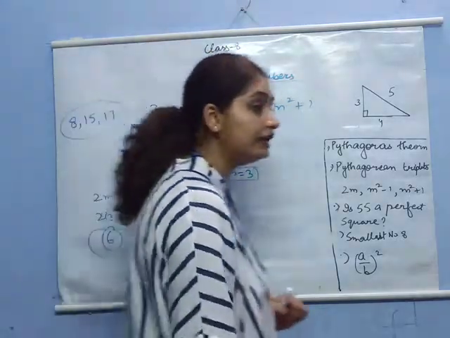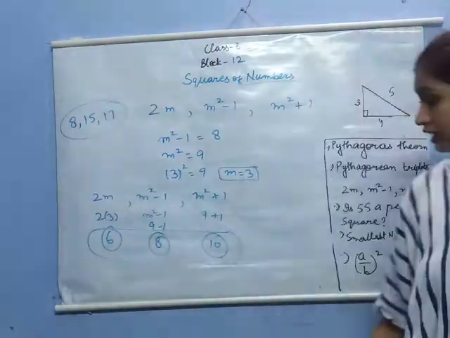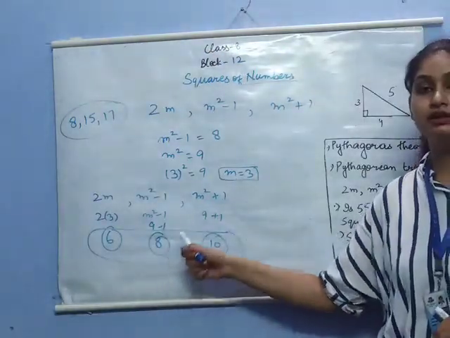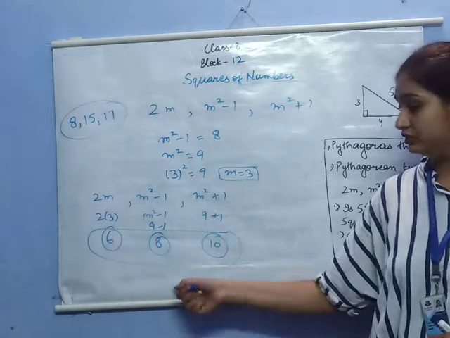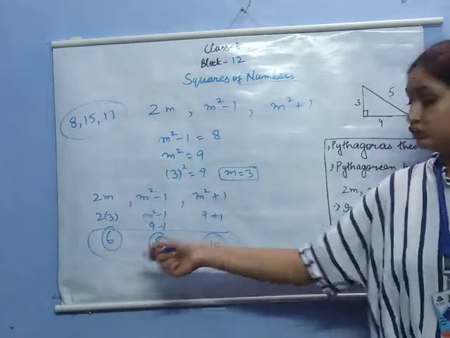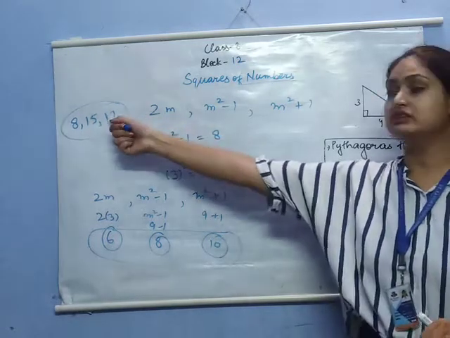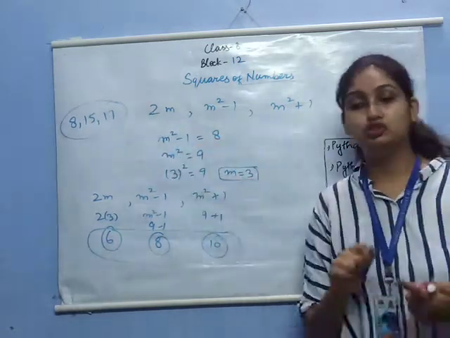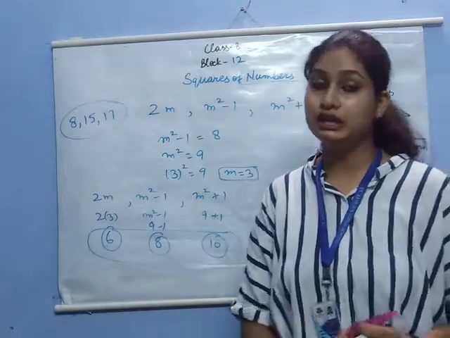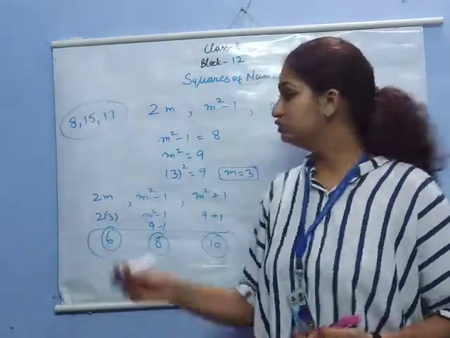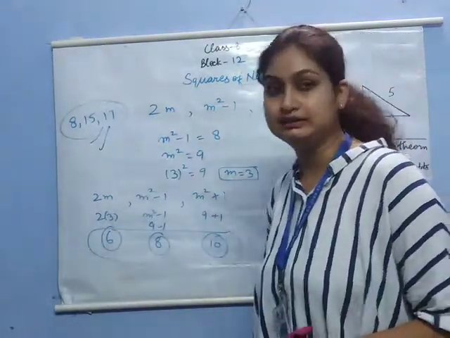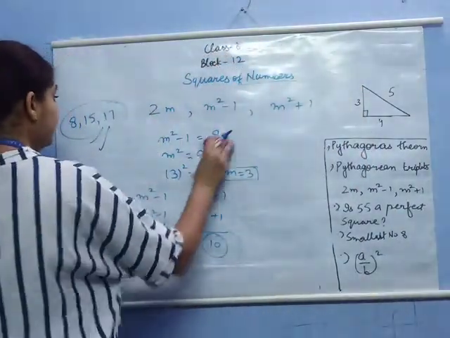But 8 is not the smallest one. Here 8 is a member of the Pythagorean triplet, but 8 is not the smallest member. There exists 6 as a smaller one. So we will not consider this as our answer. We will consider the earlier one as our answer. So 8 should be a member of the Pythagorean triplet and 8 should be the smallest member. So that Pythagorean triplet will be our answer.